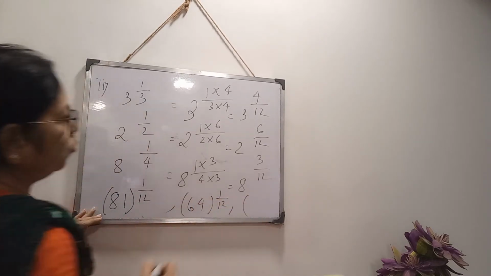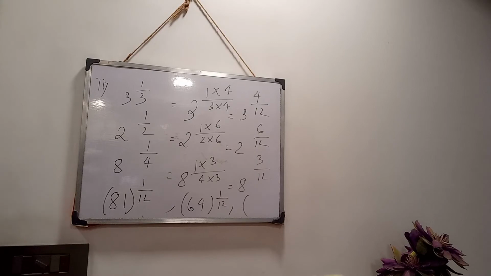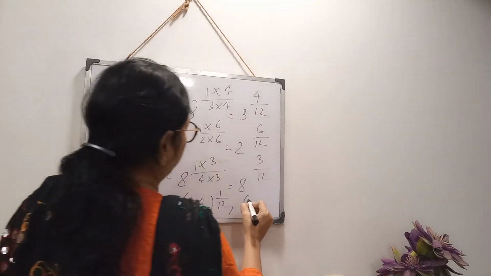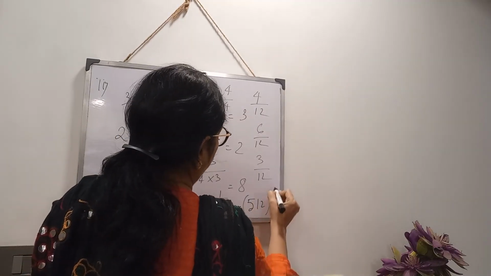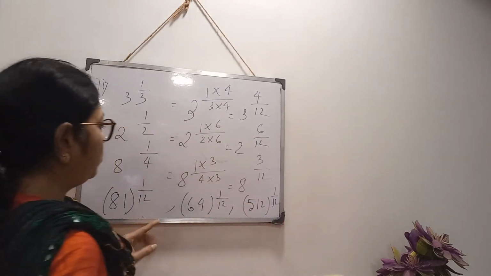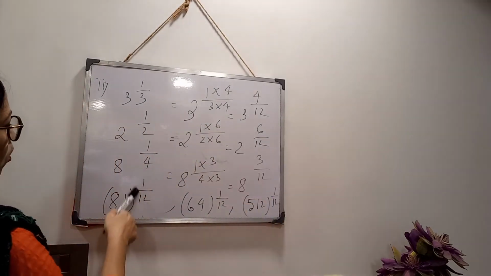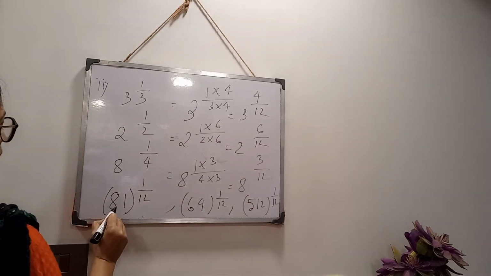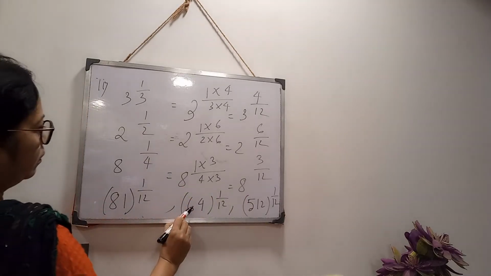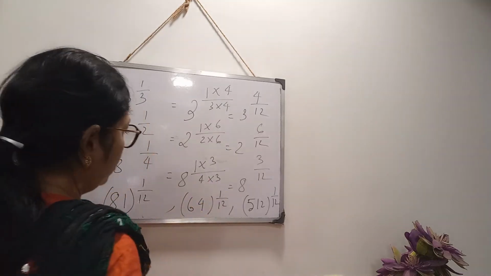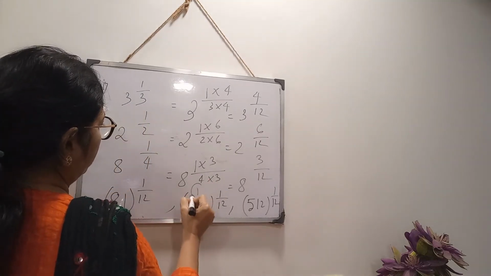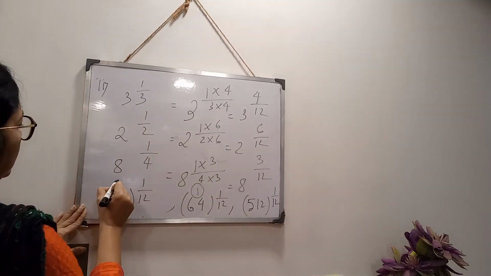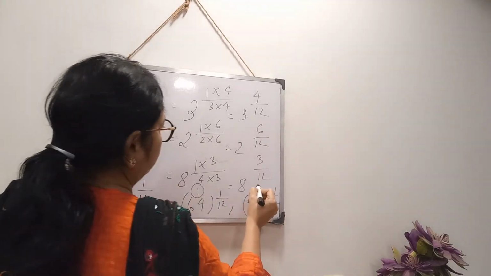Then 8 cube, 512. 512 to the power 1 by 12. Now in the previous sum I told you that all the powers are same, 1 by 12. Now you have to check the numbers. Here 81, 64, 512.